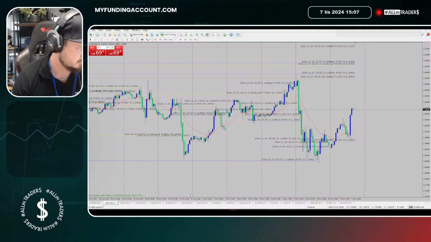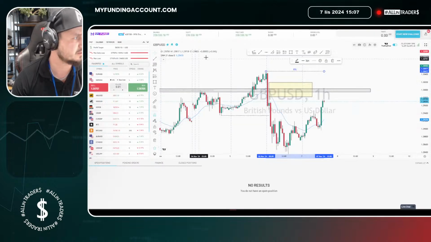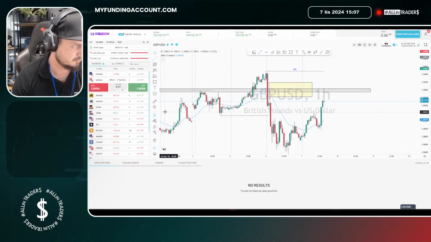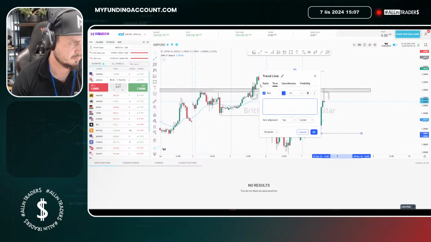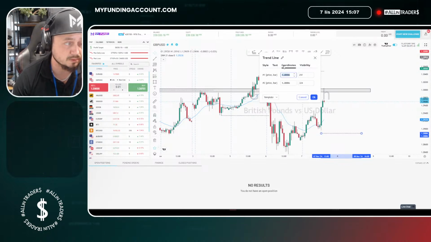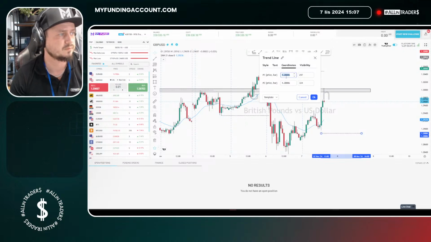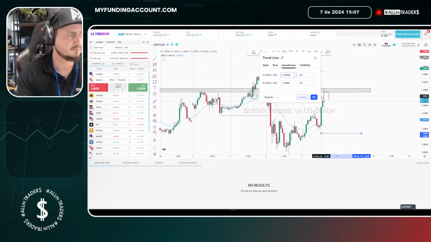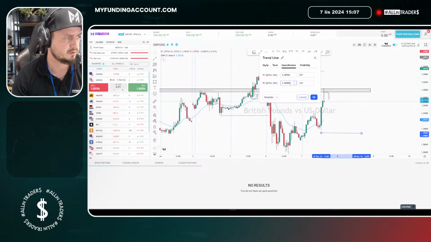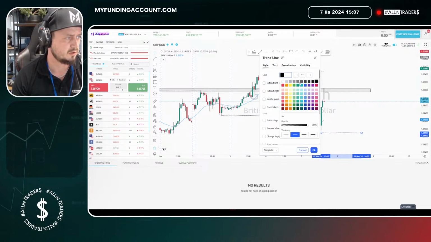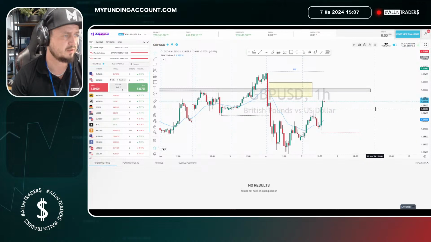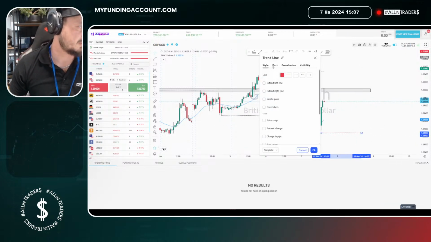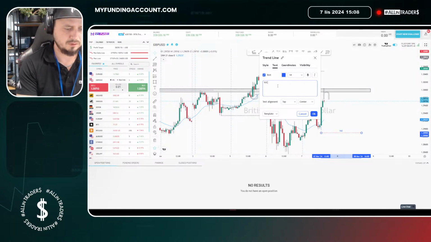I think we got some volume red down the bottom, 28900. This is our volume red. Let's add text to it. Volume red.